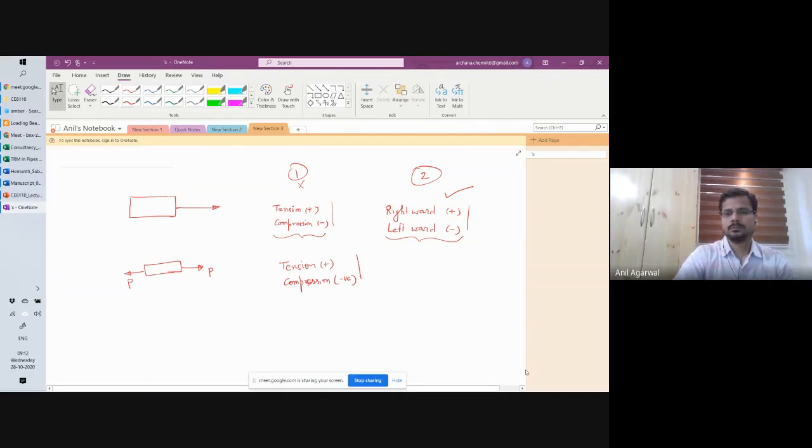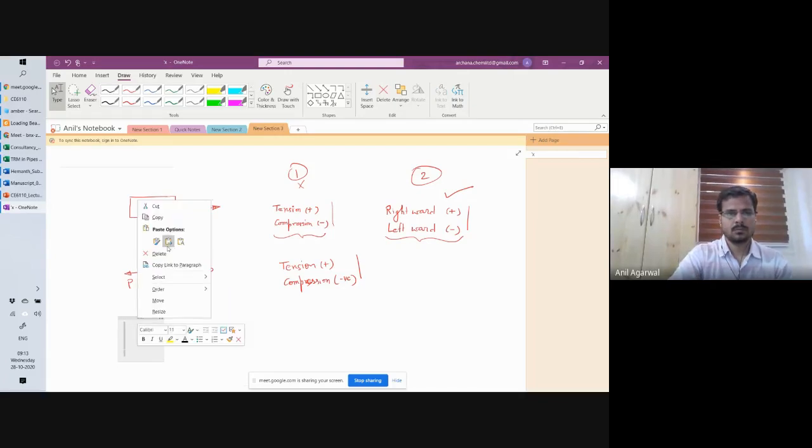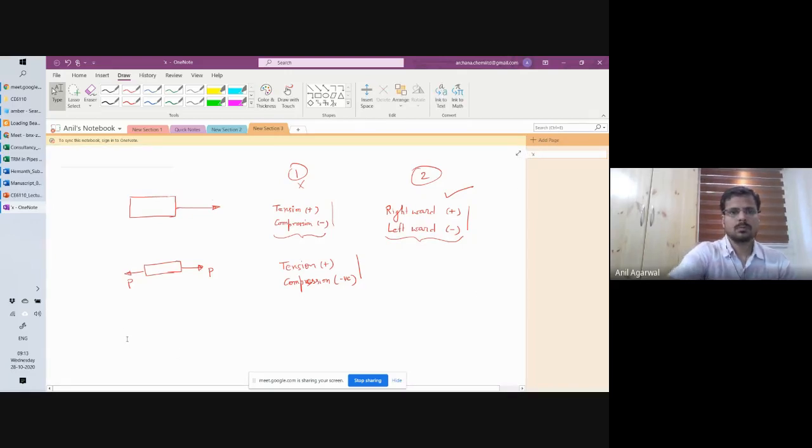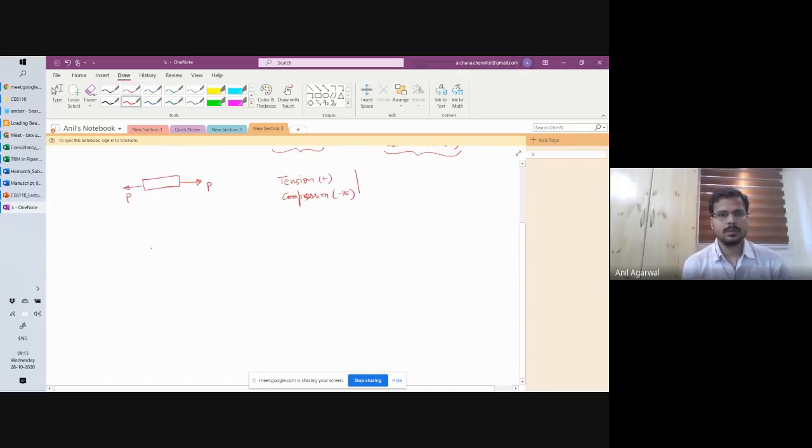Similarly, I have a beam and I cut a segment of this beam.